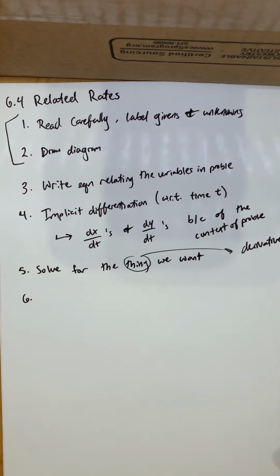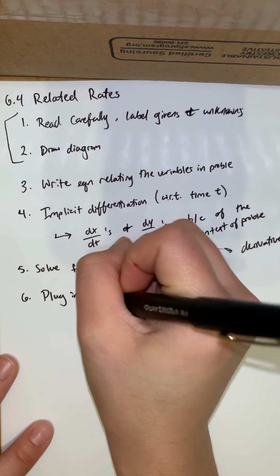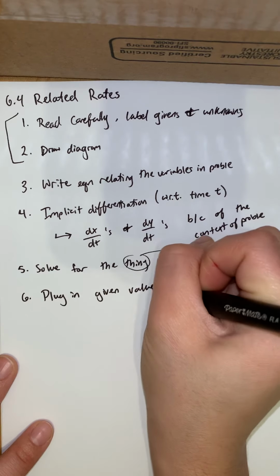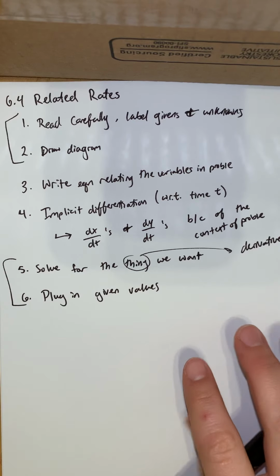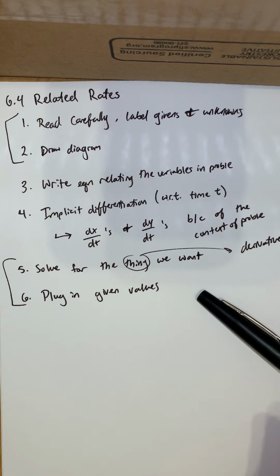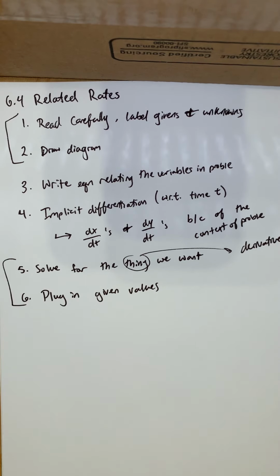Okay, there is a rate of change that the problem has asked us to find, solve for that one. Step 6 is going to be plug in given values. Okay, again, these two are interchangeable. We saw that many of the times I just plugged in things first and then solved for the only thing remaining. I found that to be an easier method.